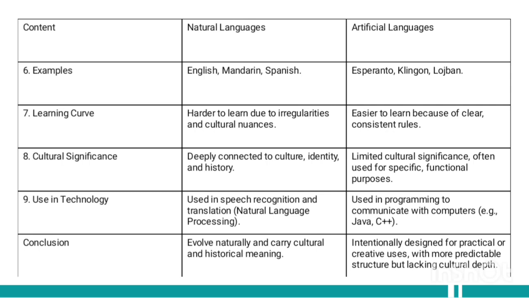They may have meaning within the communities that use them, but they are usually designed for practical or creative purposes rather than cultural expression. For example, Esperanto has a small but dedicated community, but it doesn't have the same cultural depth or historical importance as a natural language.